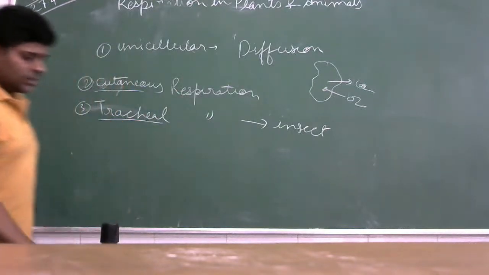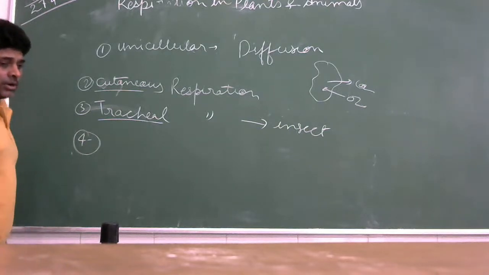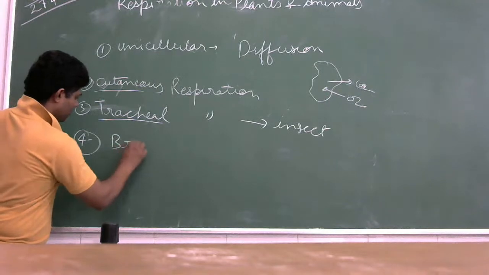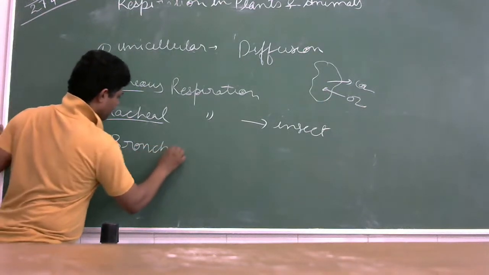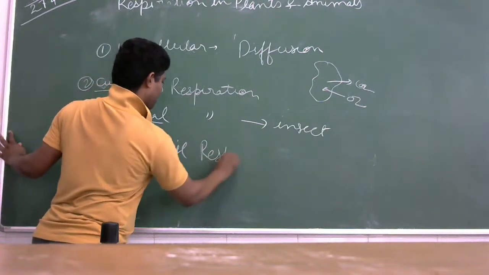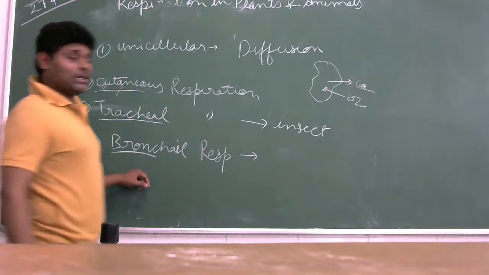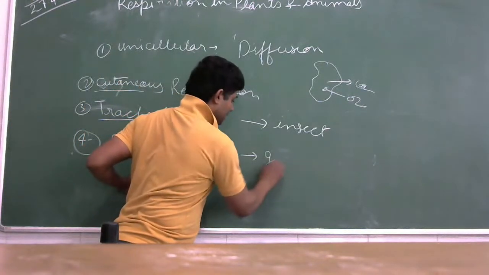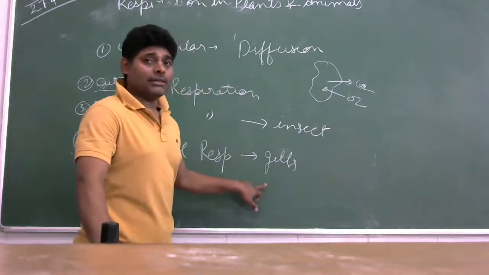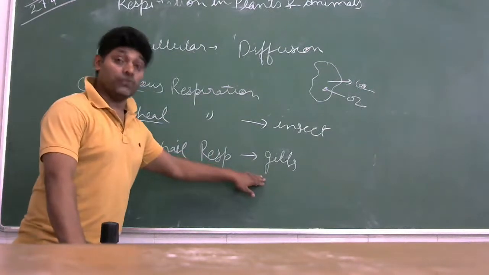And the next one is branchial respiration. Branchial means they respire by gills, and the example of branchial respiration is the majority of fishes.